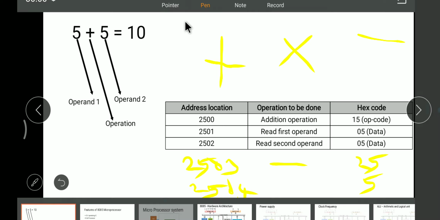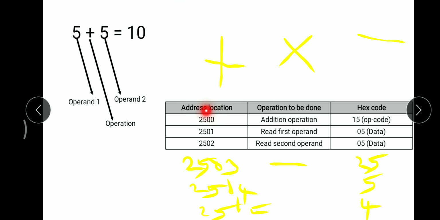The first function is fully available in the address locations from 2500 to 2502. The second function is available from 2503 to 2505. One register can detect the addresses of the individual instructions. Actual operations start from here, the next operation starts from here.